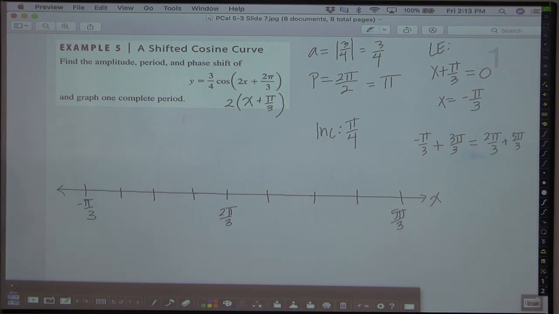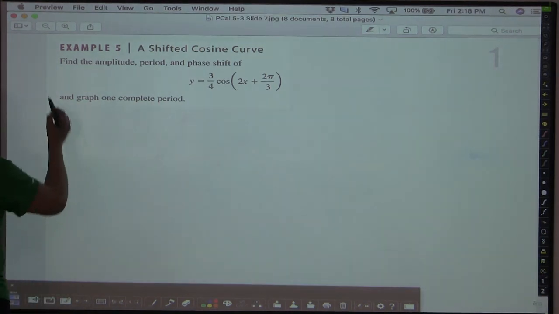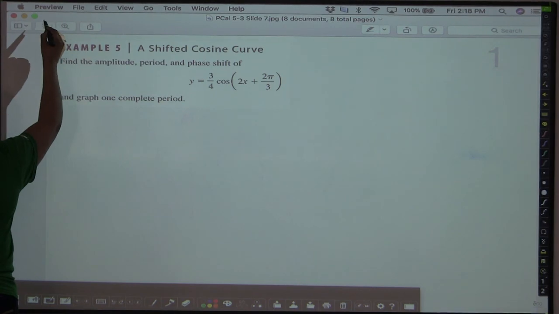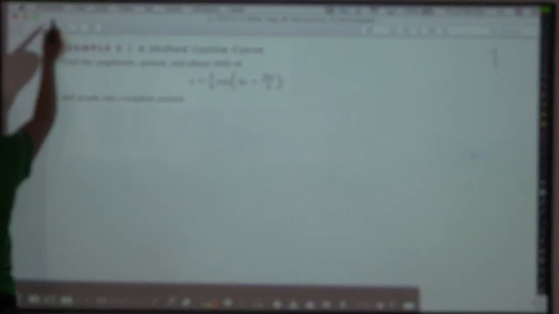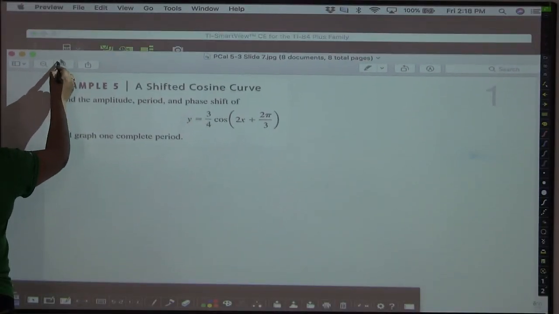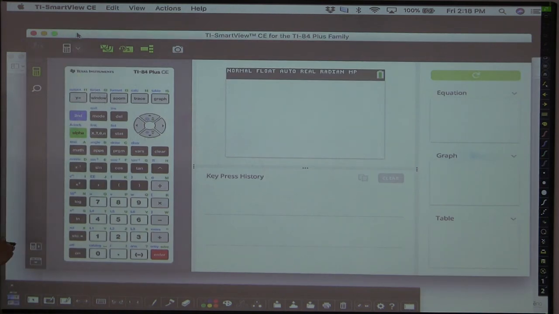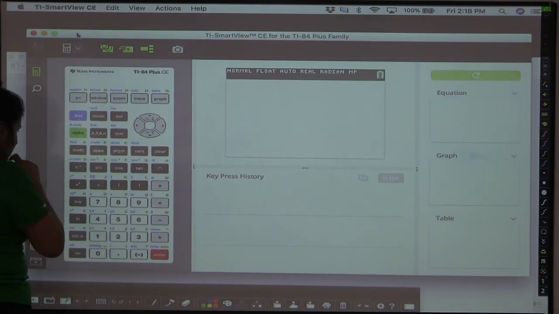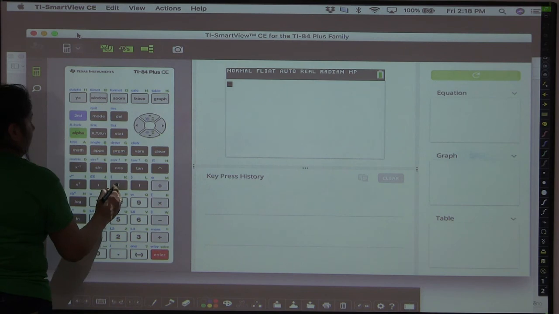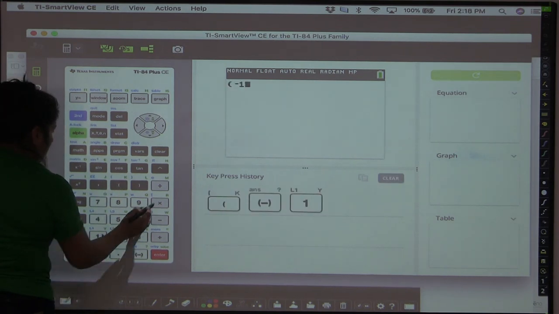So I'm going to show you guys a quick way of how to do this. I know that it's going to frustrate some of you. I'm going to go to the calculator screen real quick. There it is. I'm just going to show you how you can take, we know that we were starting at negative 1/3.